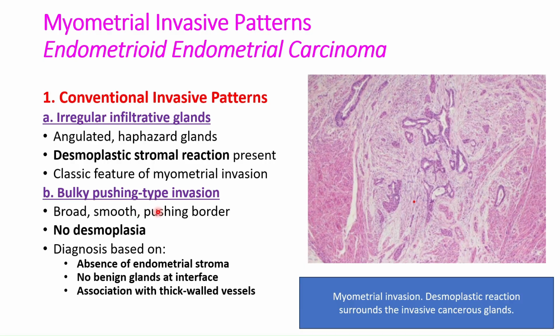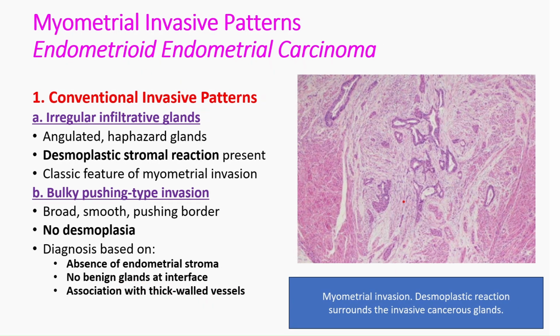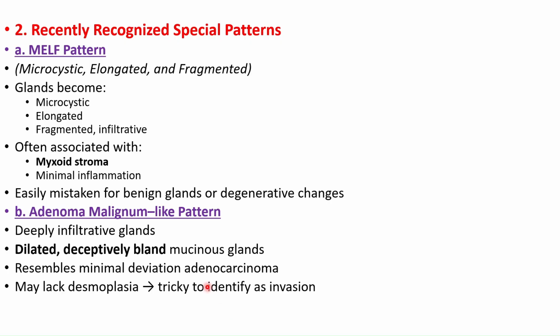Second is the bulky pushing type of invasion, where there is a broad, smooth pushing border and generally no desmoplasia. Here the diagnosis is based on absence of endometrial stroma, no benign basalis at the interface, and association with thick walled vessels.